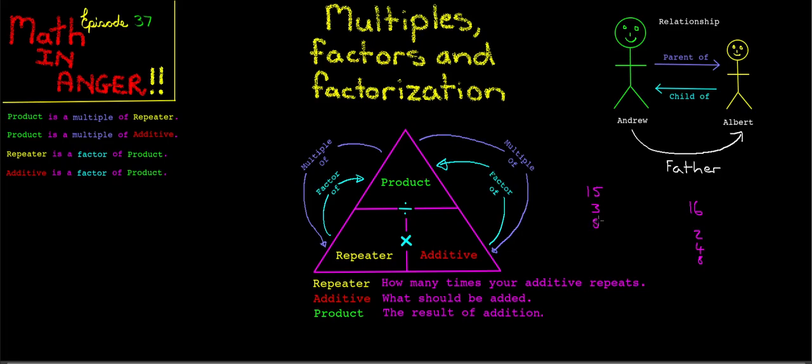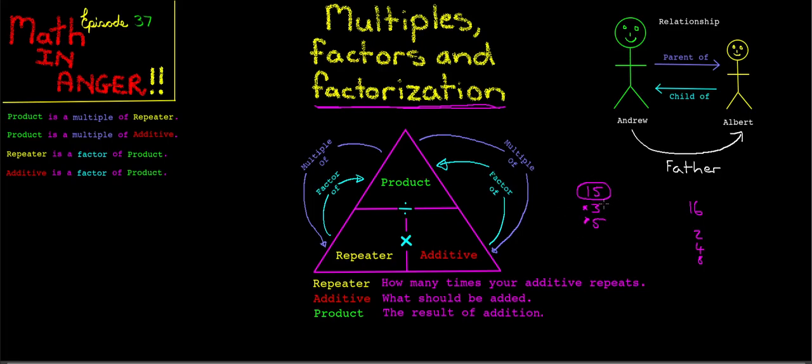So what is factorization then? Well, I just did some factorization. Factorization is the process, it's the work you do in order to find out what the factors of something are. So you typically get given a product or a multiple, and then you get asked to factorize this.